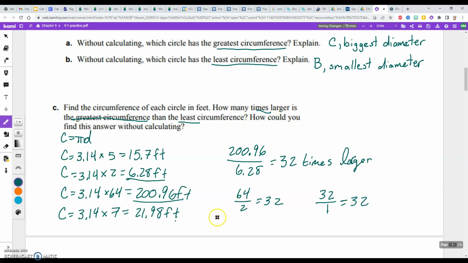So we could have just divided diameters or radii. All right.